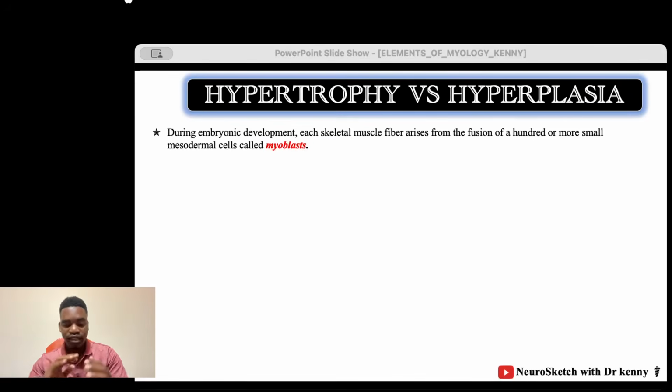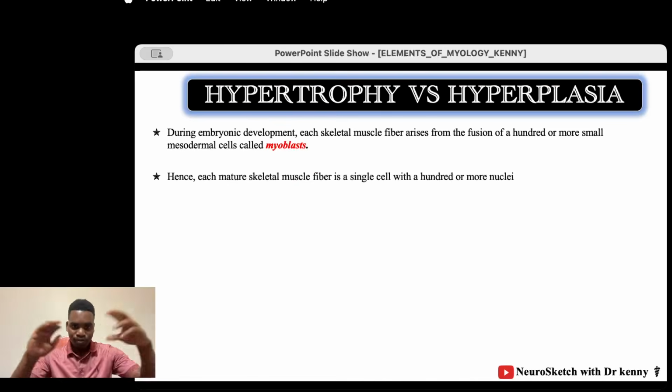They are the cells that will build the muscle. So millions of these myoblasts will come together to form a muscle cell, which is a myocyte, when the baby is still in the uterus.